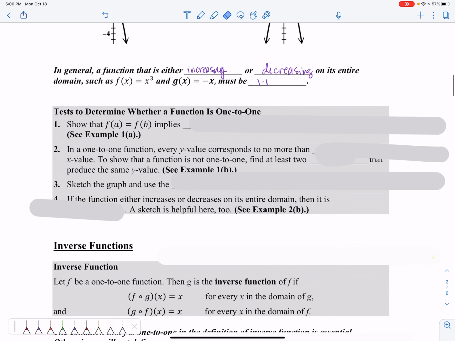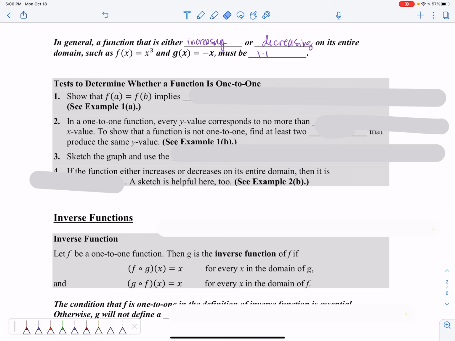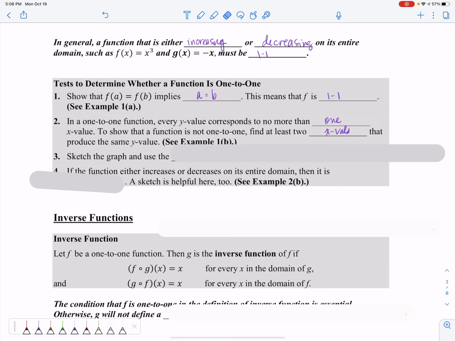Some tests to determine whether a function is one-to-one. We've already talked about the first one, and that is if my x's are the same, then my y's should be the same. If my x's are different, my y's should be different. And this is showing that my function is one-to-one. Test number 2, in a one-to-one function, every y value corresponds to no more than one x value.